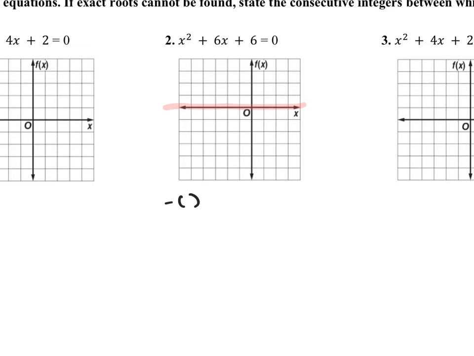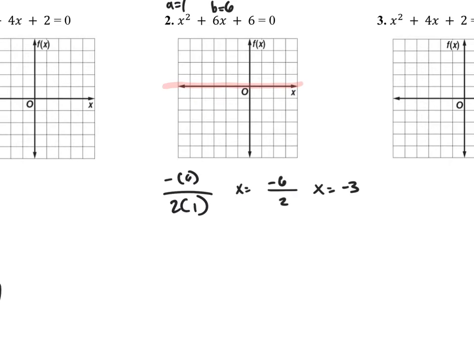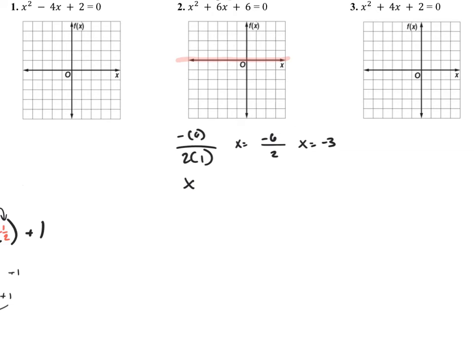I want to graph it so that I can find where I cross the x-axis. We'll do that by using negative b over 2a. b is 6, a is 1. So the x-coordinate of our vertex is negative 6 over 2, so it's negative 3. Within my table, negative 3 will go right in the middle, and to find the y of our vertex, we're going to plug the negative 3 back into the equation.